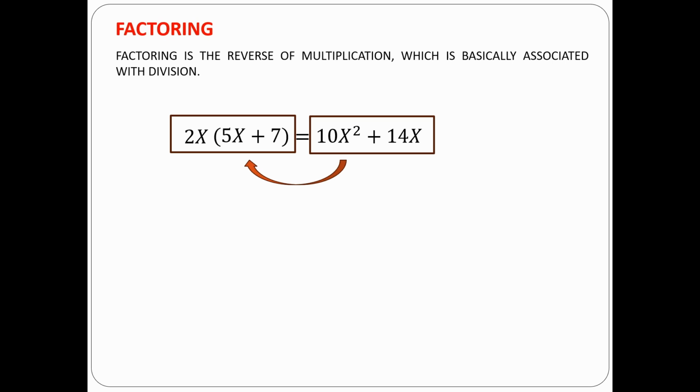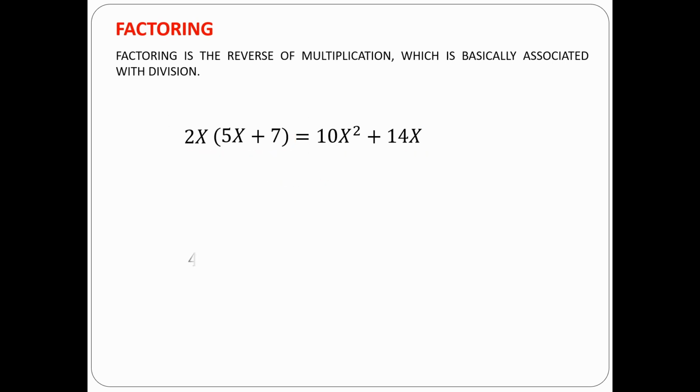Let's say I want to factor 4x plus 12. In factoring, the first thing you should look for is the greatest common factor, or the GCF. So what is the GCF of 4 and 12?